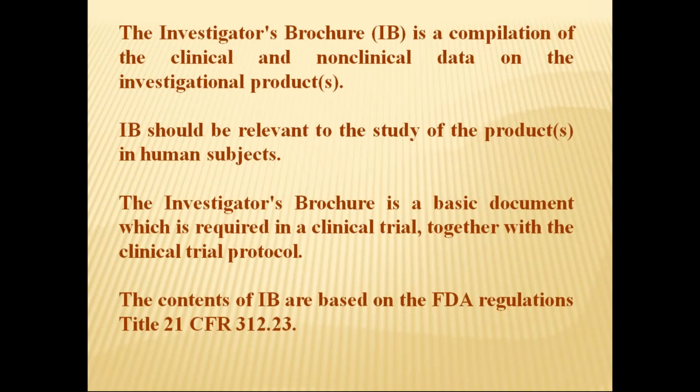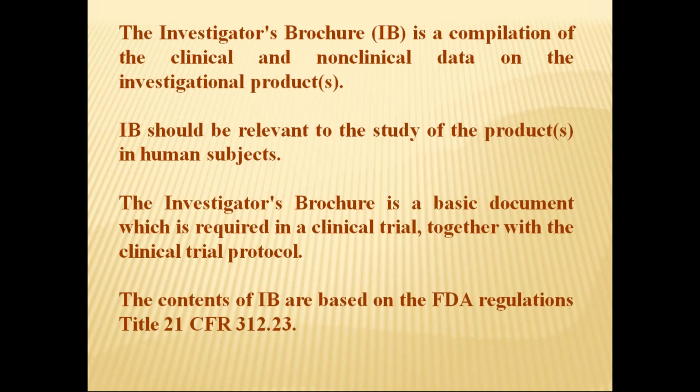The brochure is a compilation of both clinical and non-clinical data, and the IB should be relevant to the study of the product on human subjects. The investigator brochure is a basic document required in a clinical trial along with the protocol.